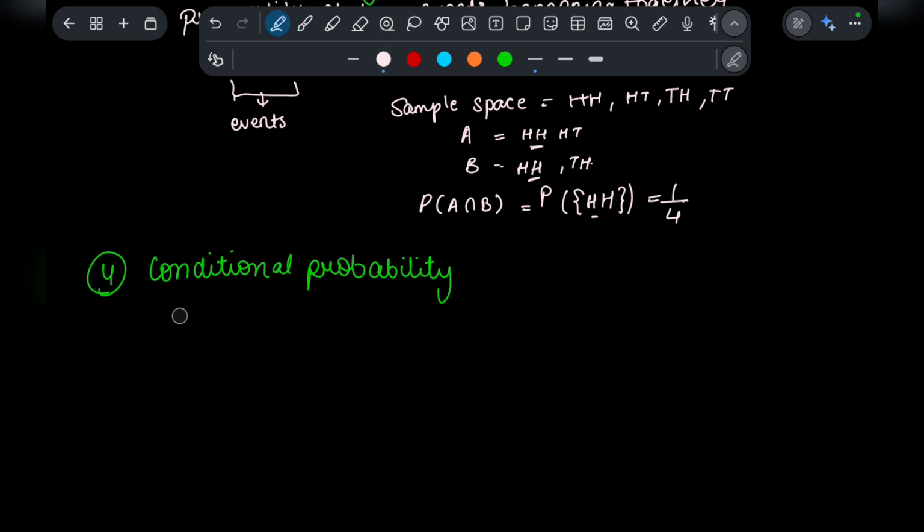As the name suggests, conditional probability has a condition.